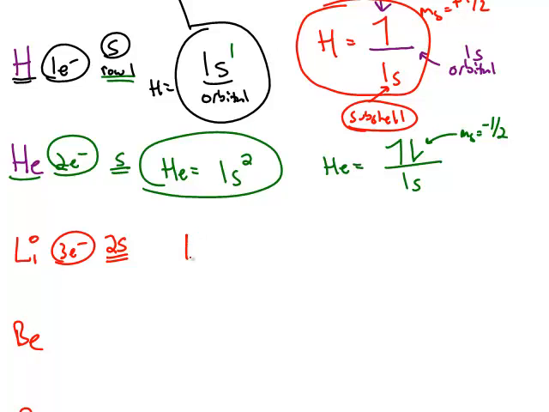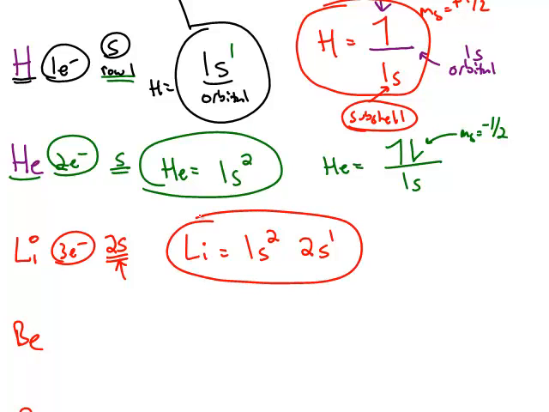We know that the 1s orbital was completely full with 2 electrons for helium, so we can't put the third electron into that same orbital. Dropping down a row tells us we're no longer in the 1s, we're in the 2s, and we need 1 electron in that 2s to give us the electron configuration for lithium.